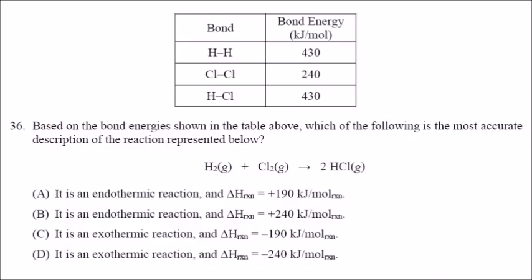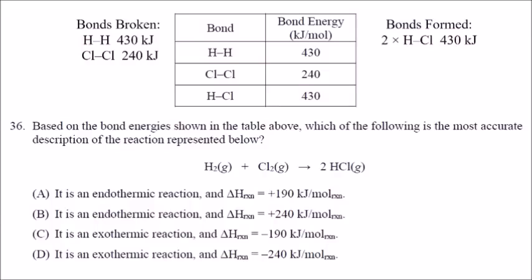Number 36 is about bonds broken and bonds formed. So in this reaction, we are breaking an H-H bond, that's 430 kilojoules. We're also breaking a chlorine-chlorine bond, that's 240 kilojoules. And we are forming, in this reaction, two HCl bonds, so 2 times 430 kilojoules.